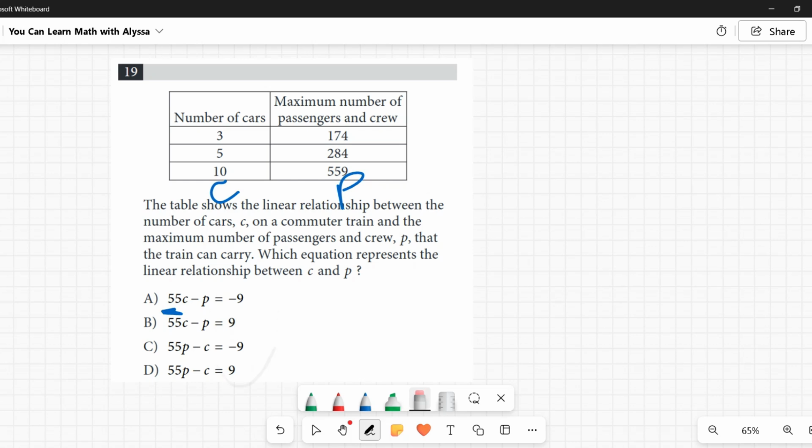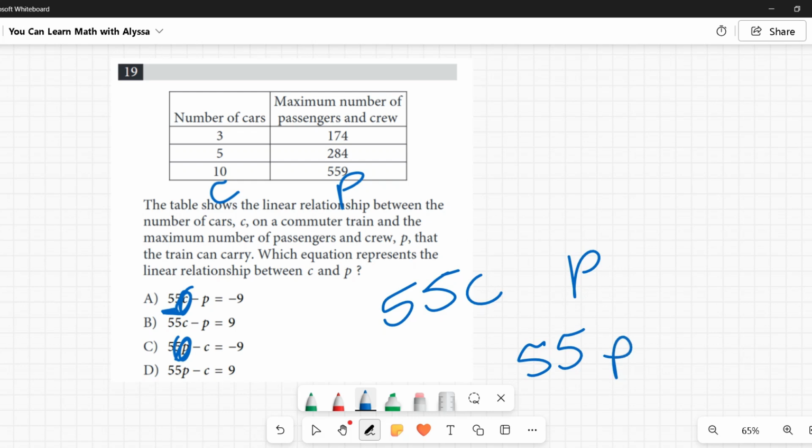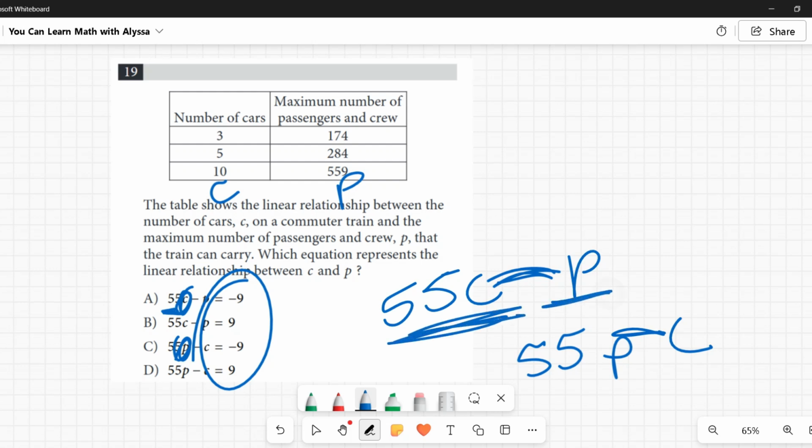So the results, 55 times C and P, or 55 times P and C, are going to be pretty close to each other, only 9 apart. Either this is going to be 9 greater than that or 9 less.